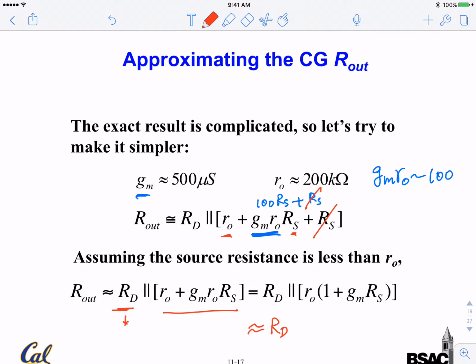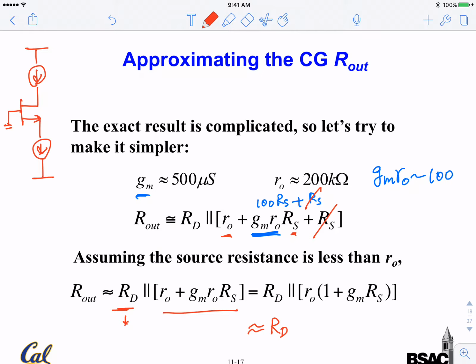Let's say we design a circuit that has a current bias instead of RD. So if I design a circuit where the output port is biased by a current source, okay, this is actually a possible circuit. I make these two current sources the same.